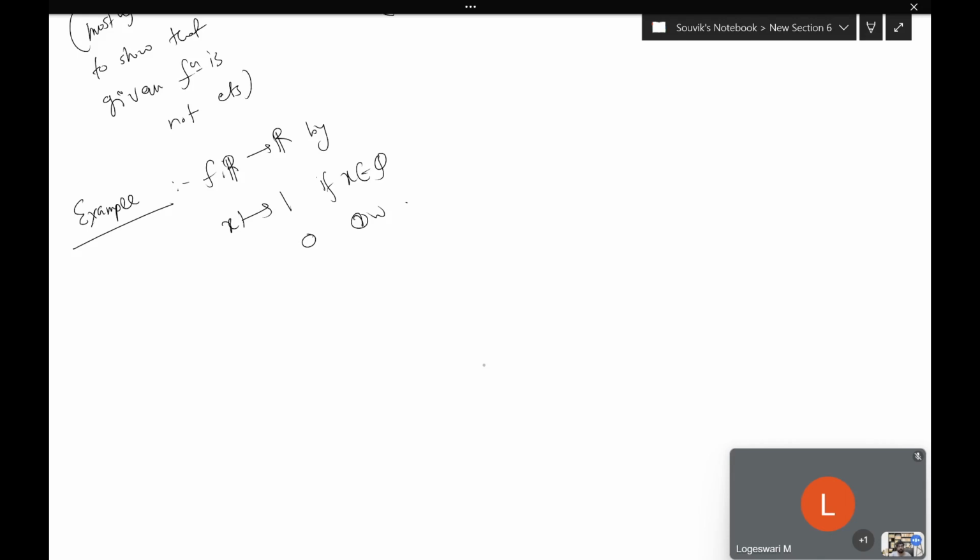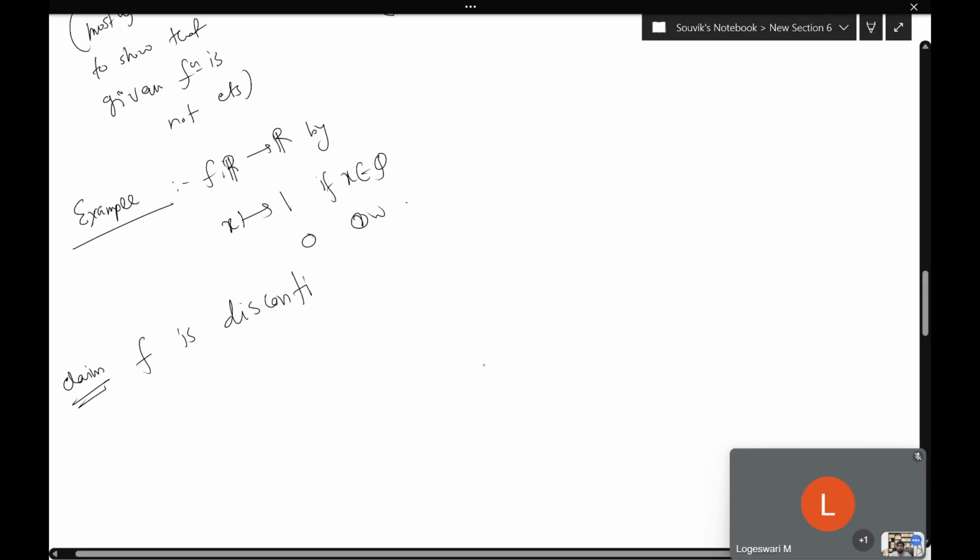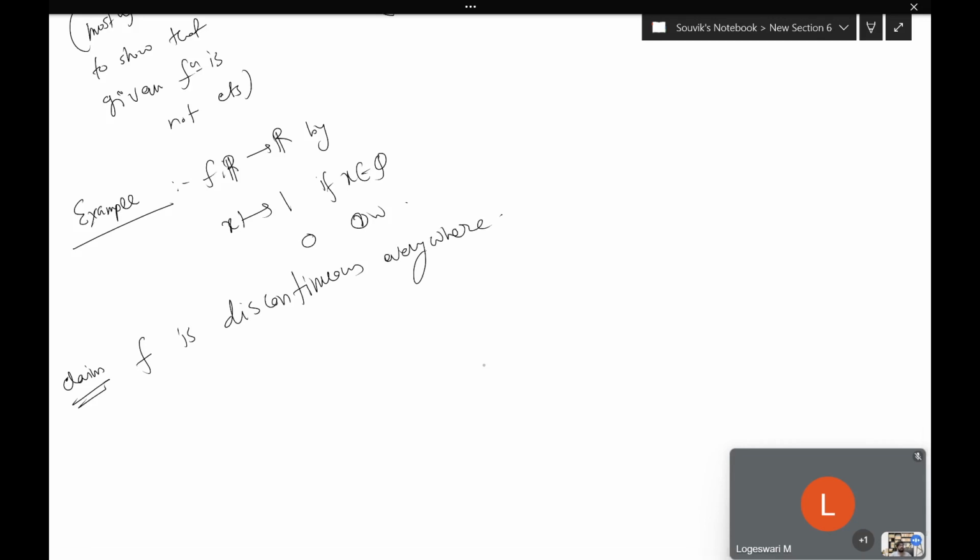So how to show it using the previous theorem? The function is actually discontinuous at every point. Claim: f is discontinuous everywhere.